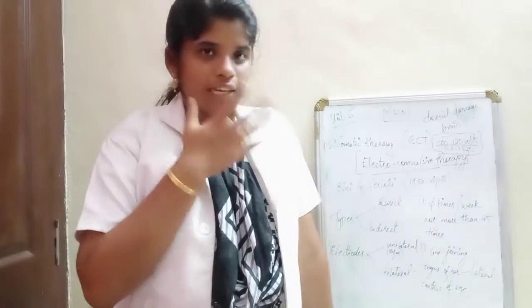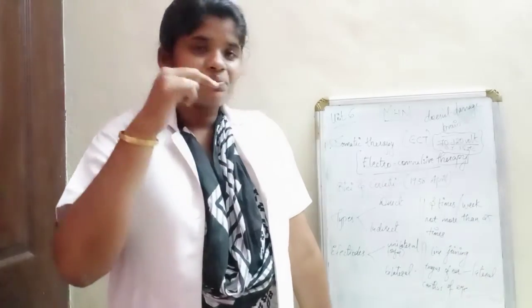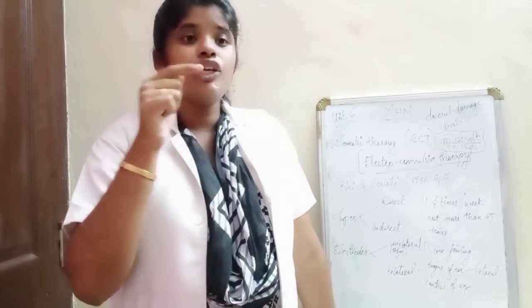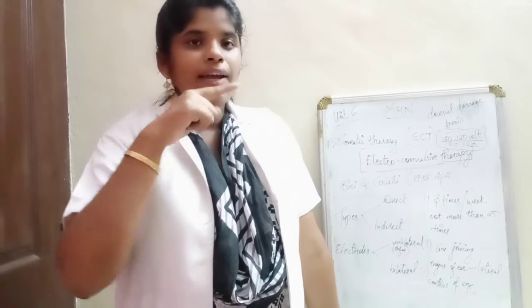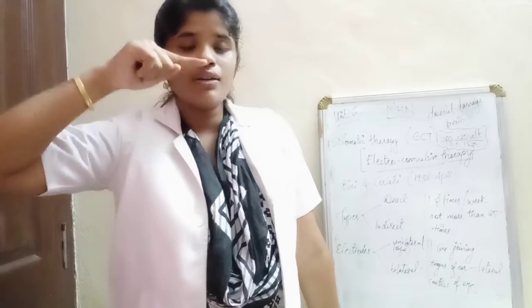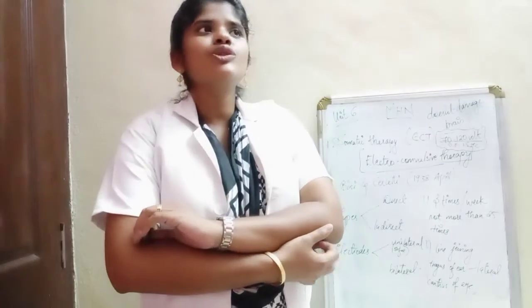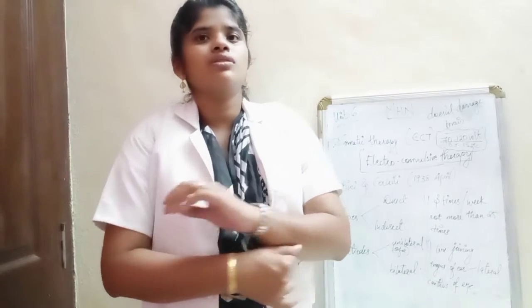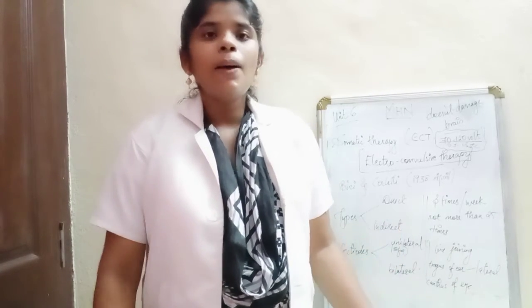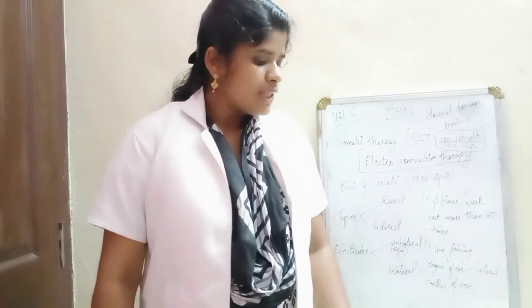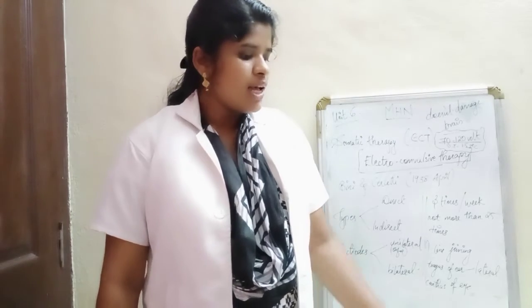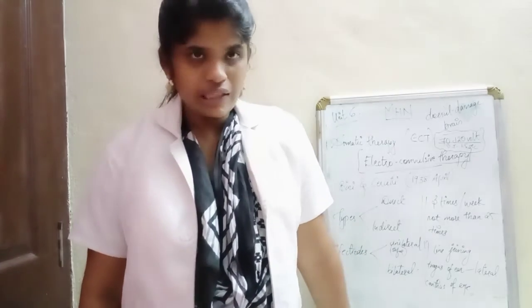Mouth dryness will be there. Tongue bite will be there. In order to avoid tongue bite, we have to give a tongue depressor. And urinary incontinence will be there. Now, what is urinary incontinence? It means the person is not able to control the urine. These are all the side effects of ECT.